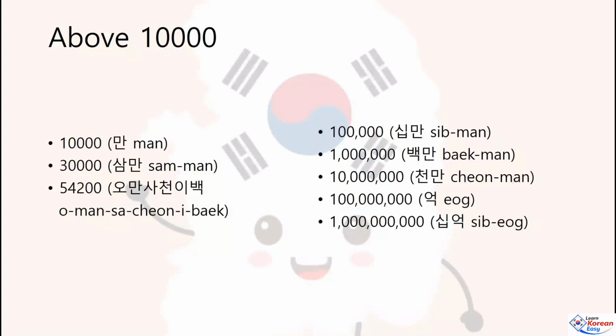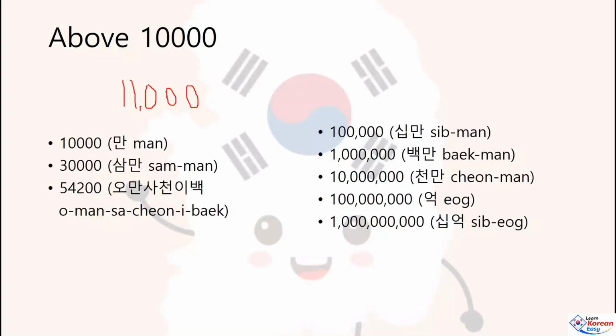let's say 11,000. So what's 11,000 in Korean? So think about it. So 1,000 in Korean, remember, was 천 or 일천, and 10,000 was 만 or 일만.